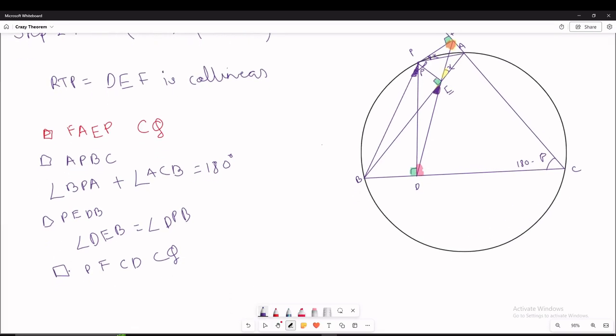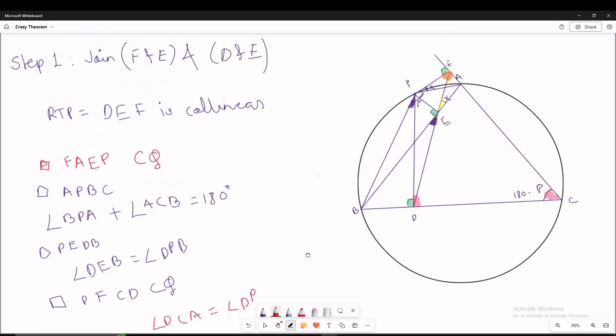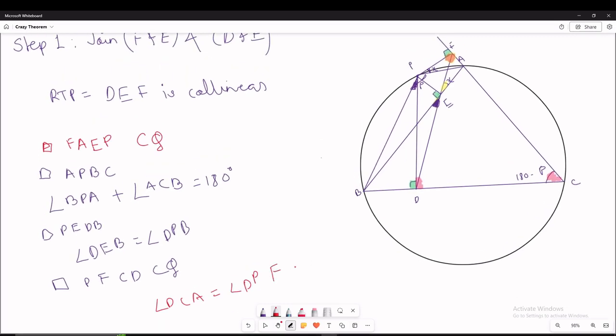Now what can I say? Now I can say that this angle will be supplementary to this angle. So I can say that the angle DCA will be equal to angle DPS.